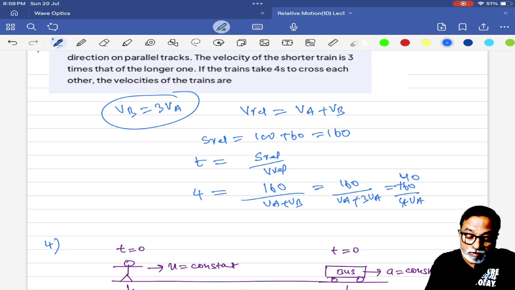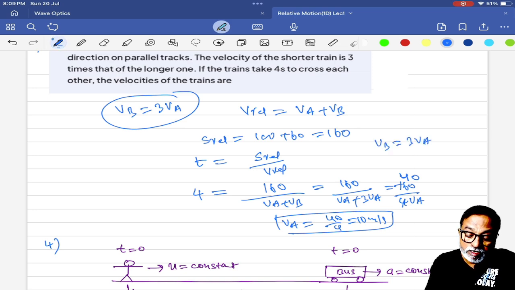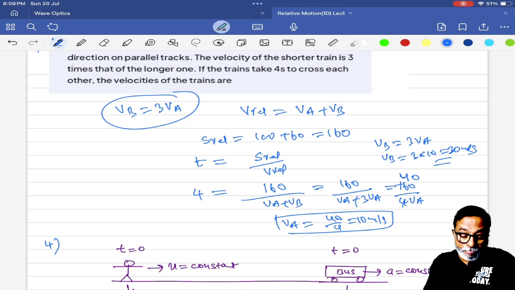Therefore VA is equal to 40 by 4. This is 10 meters per second. This is VA. And VB is equal to 3 VA. Therefore VB is equal to 3 into 10, that is 30 meters per second.